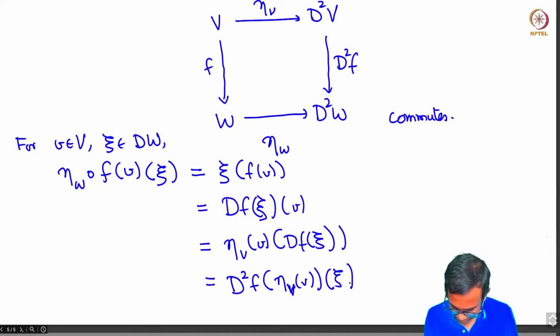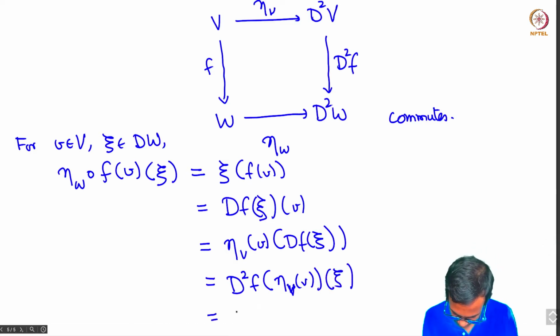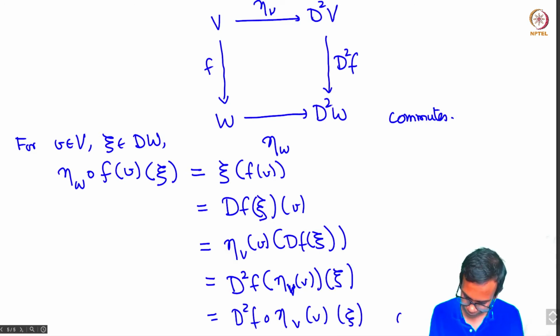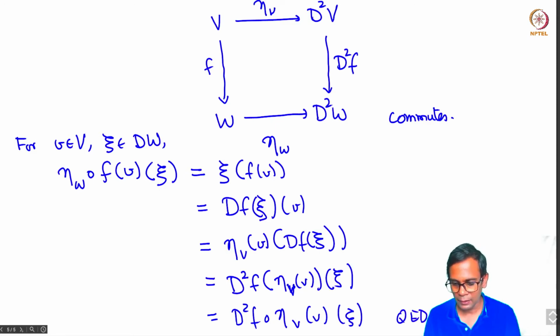So what we get is that this is just D squared F circle eta V evaluated at xi. So D squared F circle eta V is equal to eta W circle F. So that completes the proof of the naturality of eta.